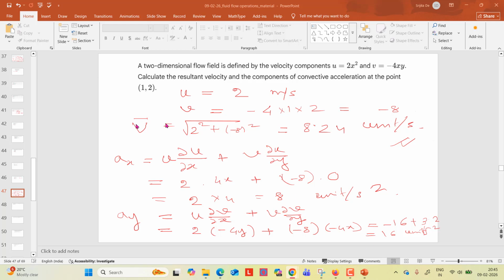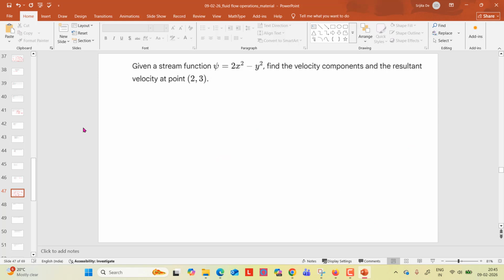Next problem. Given a stream function, find the velocity components and the resultant velocity at this point. Psi is 2x square minus y square. u equals del psi del y and v equals minus del psi del x.